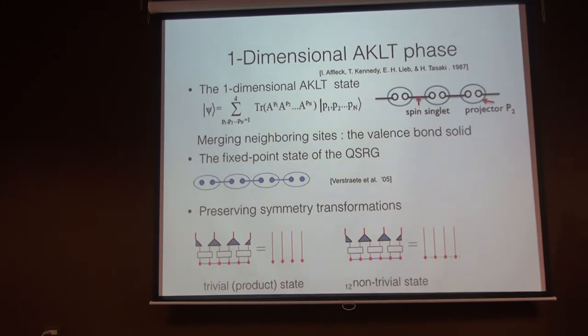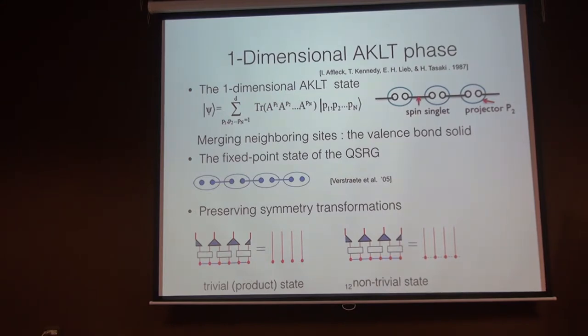Okay, so at first, I start from the one-dimensional AKLT phase. Why do we start from the one-dimensional phase? The one-dimensional quantum state RG was proposed by Verstraete, and it just merges two sites and can work well. However, it is hard to generalize to higher-dimensional systems, so we just start from the one-dimensional system.